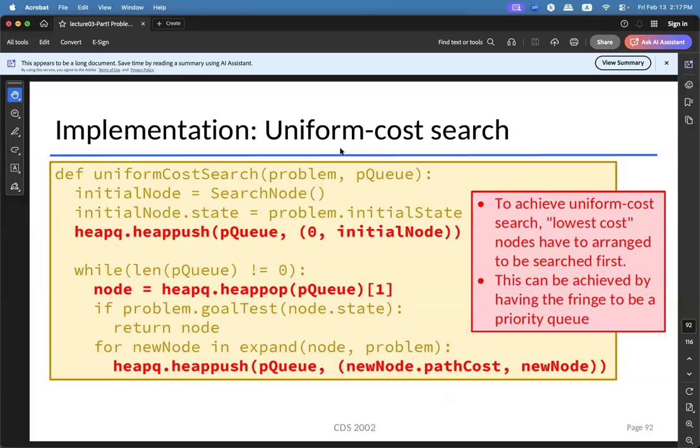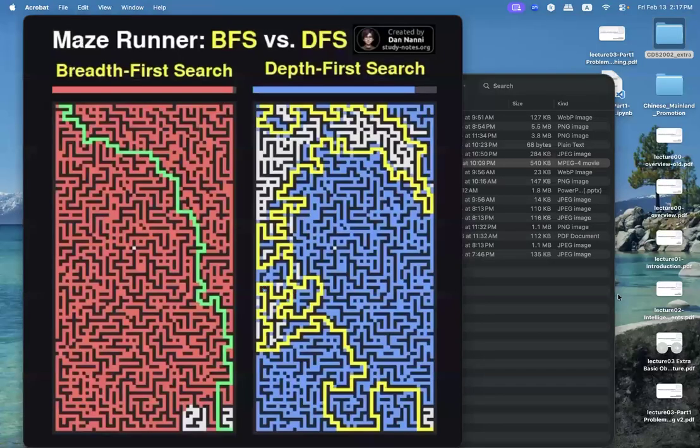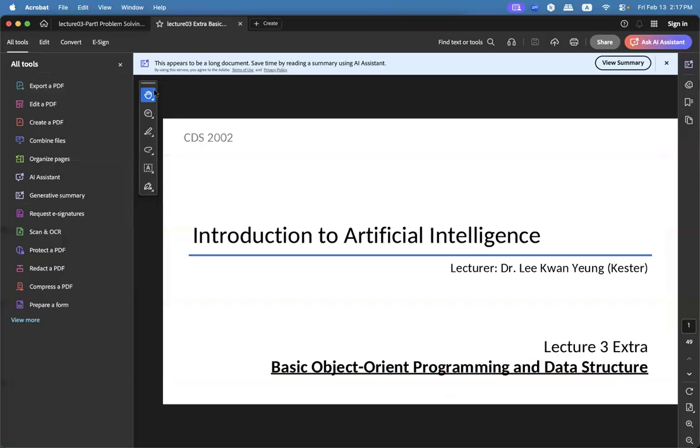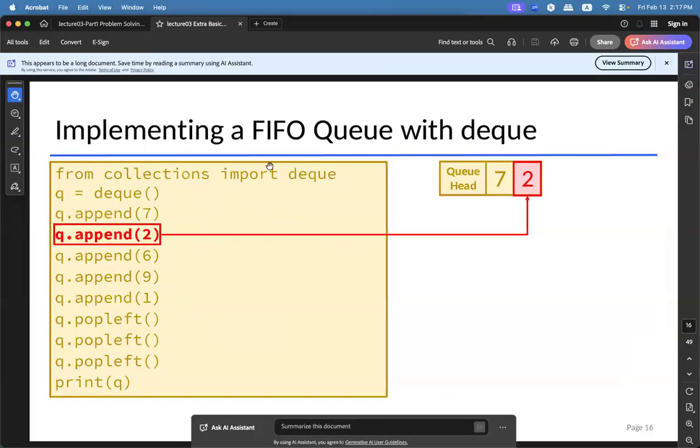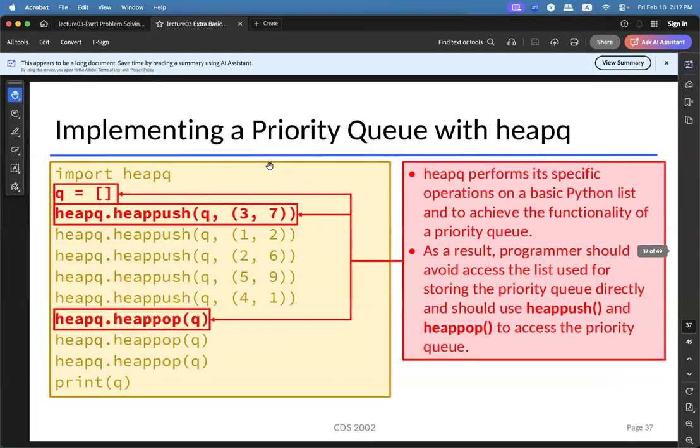As you can see here in the extra notes, I actually also included an example of implementing a priority queue with the heapq library, and this is a sample code that you can refer to.